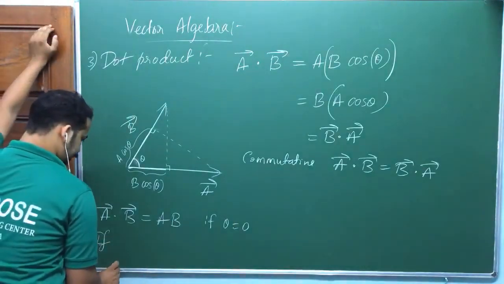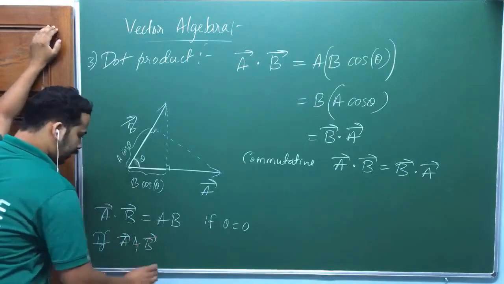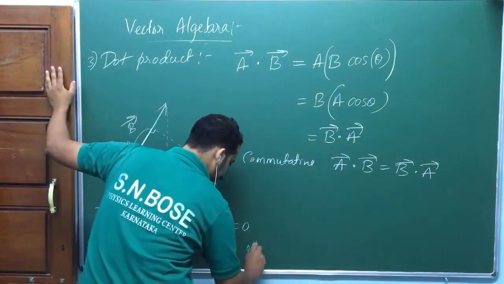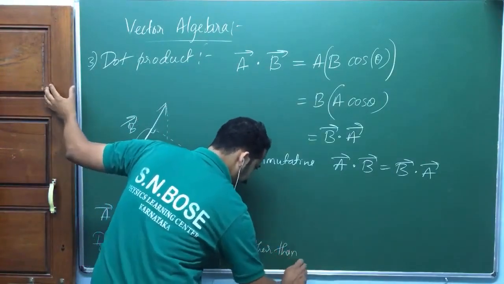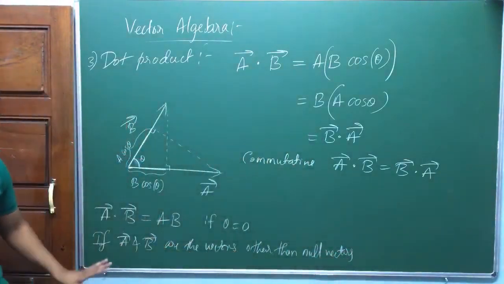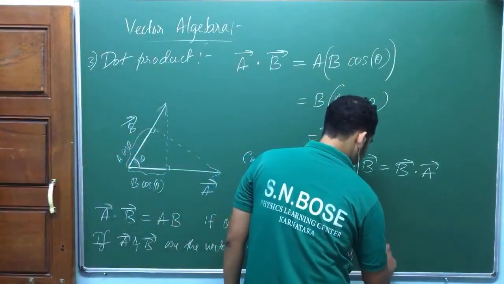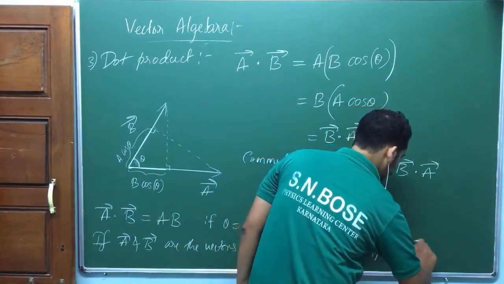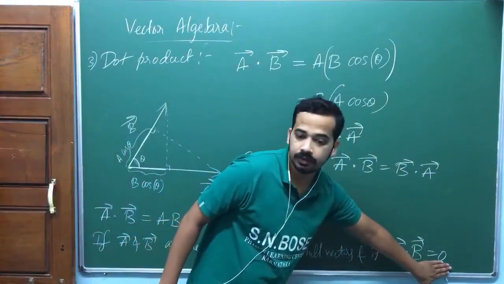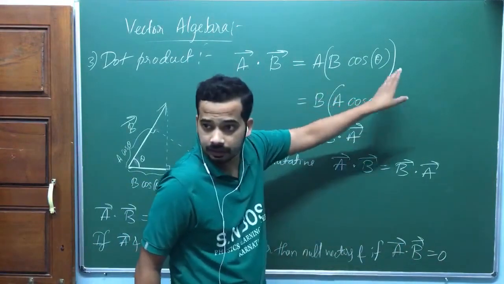If A and B are vectors other than null vectors, they are not null vectors, and if A dot B is equal to scalar 0, are you getting my point? Dot product is a scalar. Scalar 0.